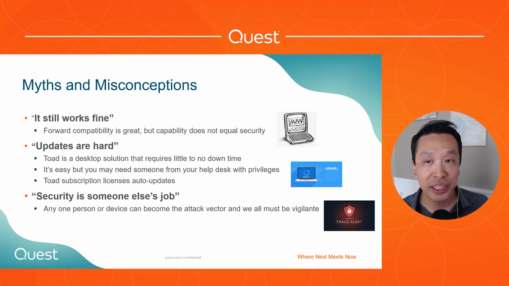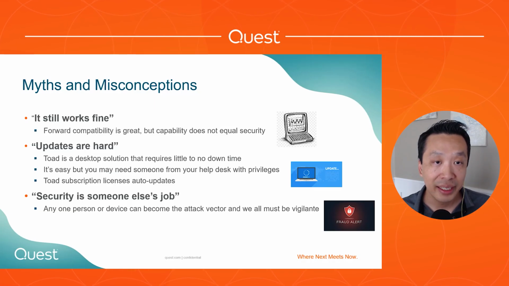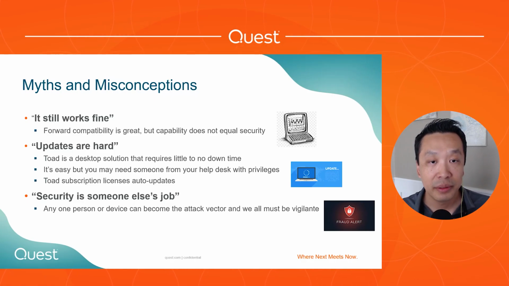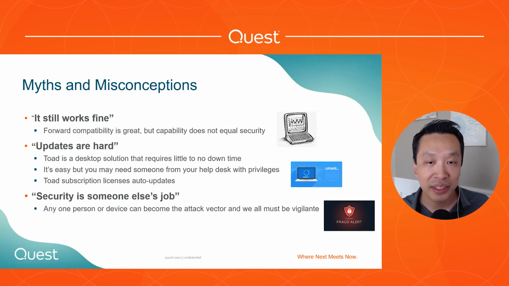So just make sure to understand that capability, being able to do something, is not the same as being secure, right? So the next one is something that sometimes I hear, not always, but I do hear, hey, updates are hard. Well, yeah, some updates for some software can be hard. And nobody wants to break their workflow, especially when you're in the middle of something, but you don't have to update at that moment.